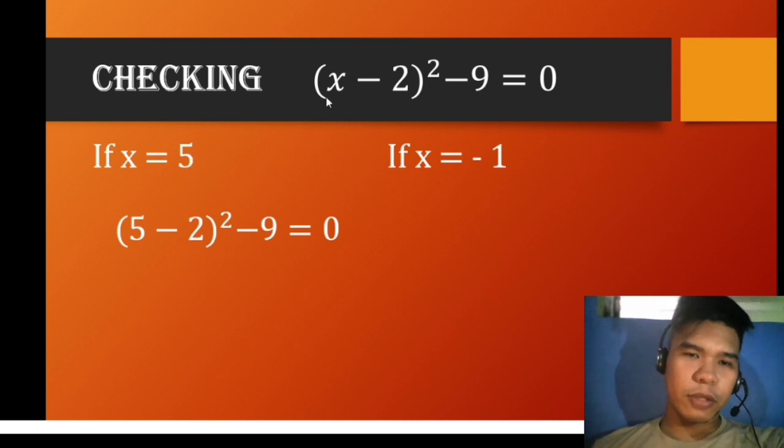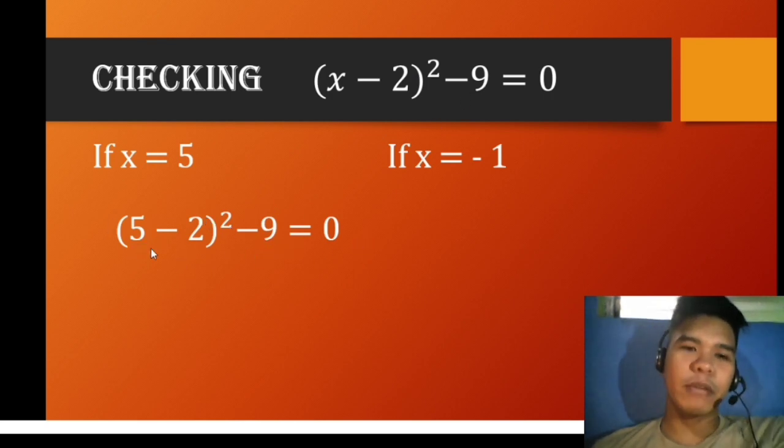So we're just going to make x here as 5. So again, substitute 5. 5 copy minus 2 quantity squared copy again minus 9 equal to 0. So we'll deal first with the expression inside the parentheses. 5 minus 2 is 3 quantity squared minus 9 equal to 0.